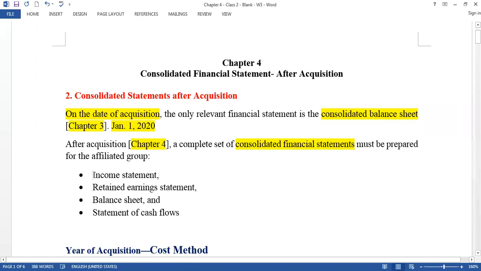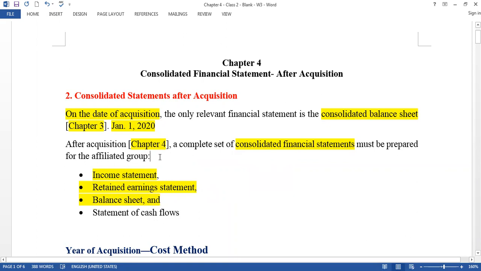What is the complete set? We have to prepare mainly the income statement, then the retained earnings statement, balance sheet, and the cash flow statement. So today we are going to learn these three: income statement, retained earnings, and the balance sheet of the consolidated financial statement for the affiliated group.